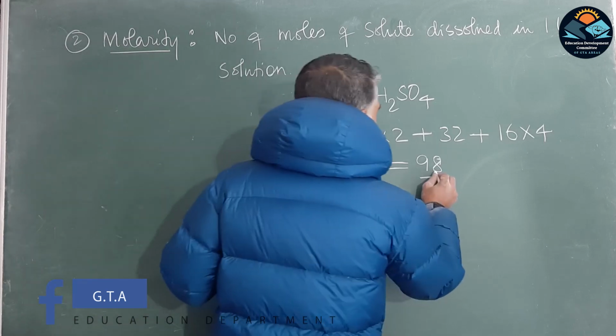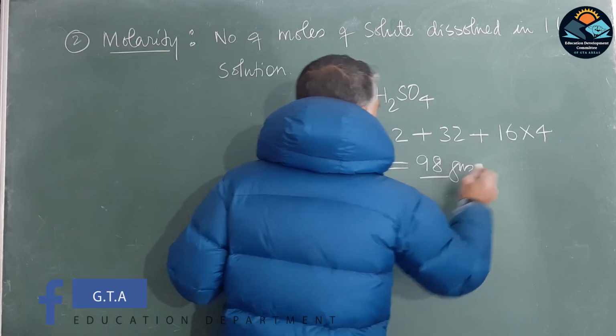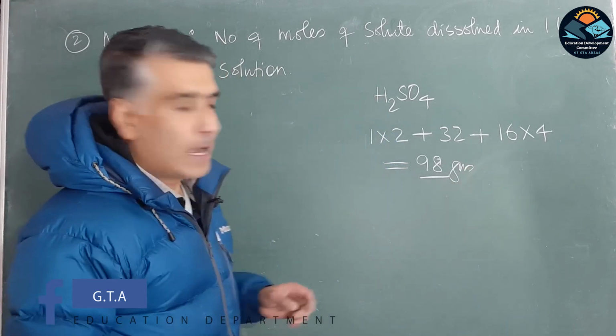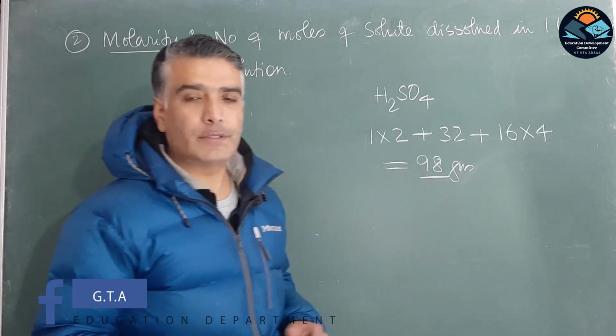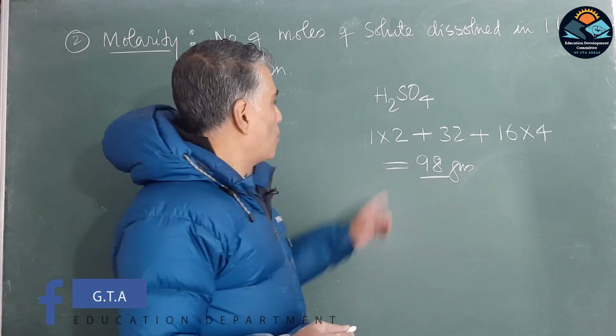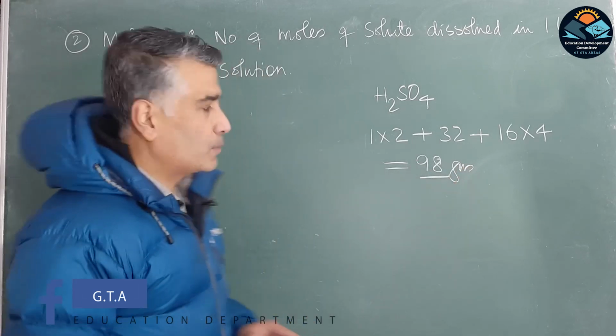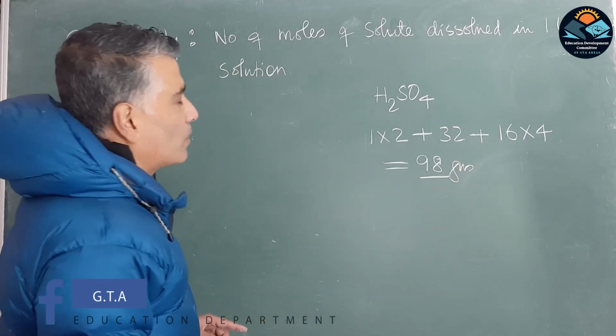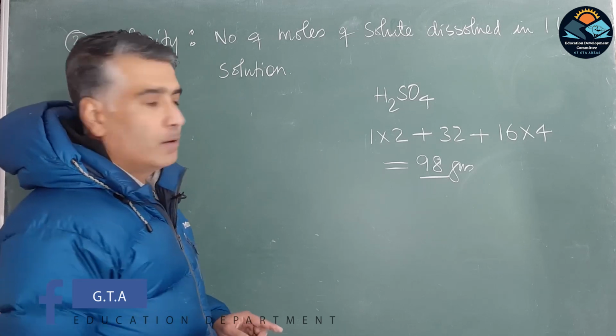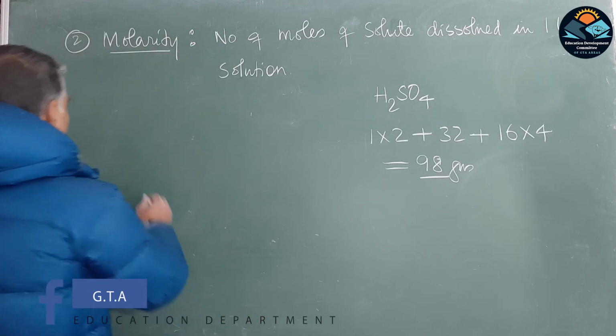And you know that whatever the molecular mass is, if you take that in grams, it's known as 1 gram molecular mass, and is also known as 1 mole because it contains Avogadro number of molecules. So 1 mole of sulfuric acid is nothing but its molecular mass taken in grams. So remember, if you have 98 grams of sulfuric acid, it's going to be 1 mole. Okay.